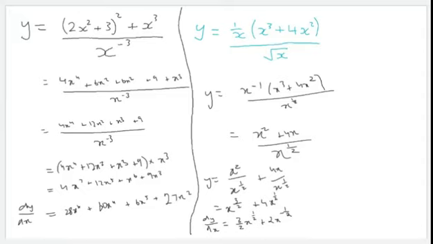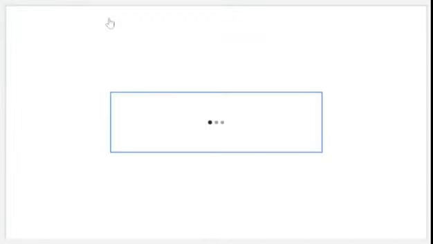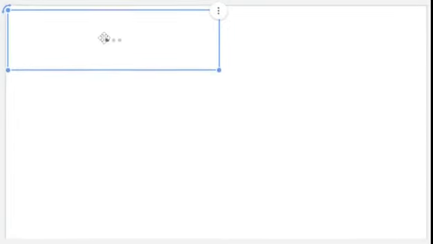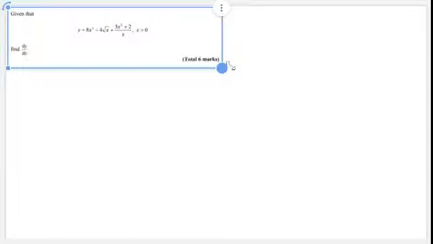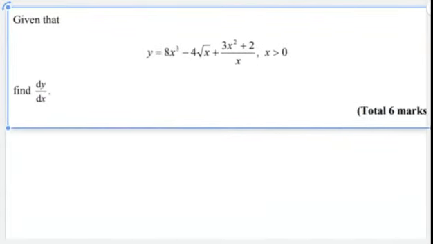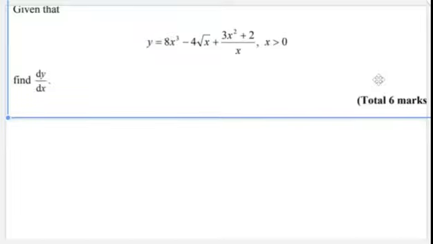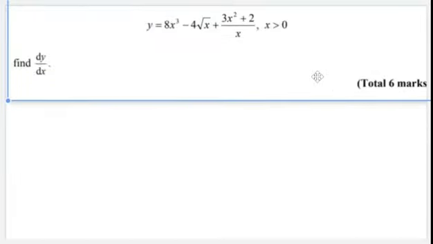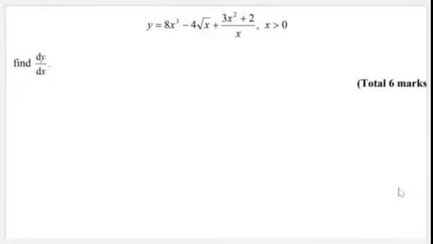So let's go on slide 6. This is what the question is. Given that y equals this, find dy dx. And it's 6 marks there.